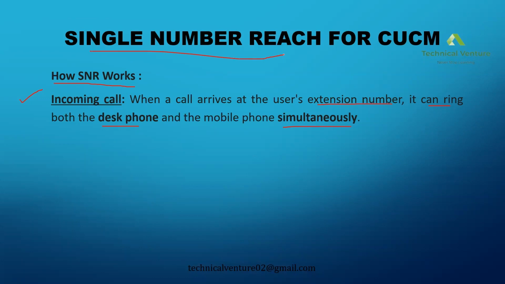This is just another name, remote destination profile, because on the remote destination profile you will add your cell number, right? So for an incoming call, when a call arrives at the extension number, it can ring both the desk phone and the mobile phone simultaneously.